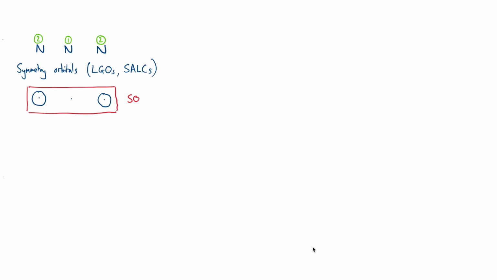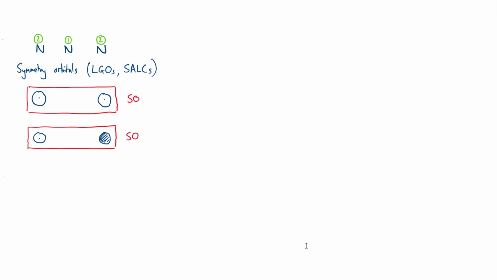I can define another symmetry orbital as the out-of-phase combination of these two s orbitals, something like this. Again, not overlapping, just grouping them together so that I can overlap them in a clear way with nitrogen atom 1.